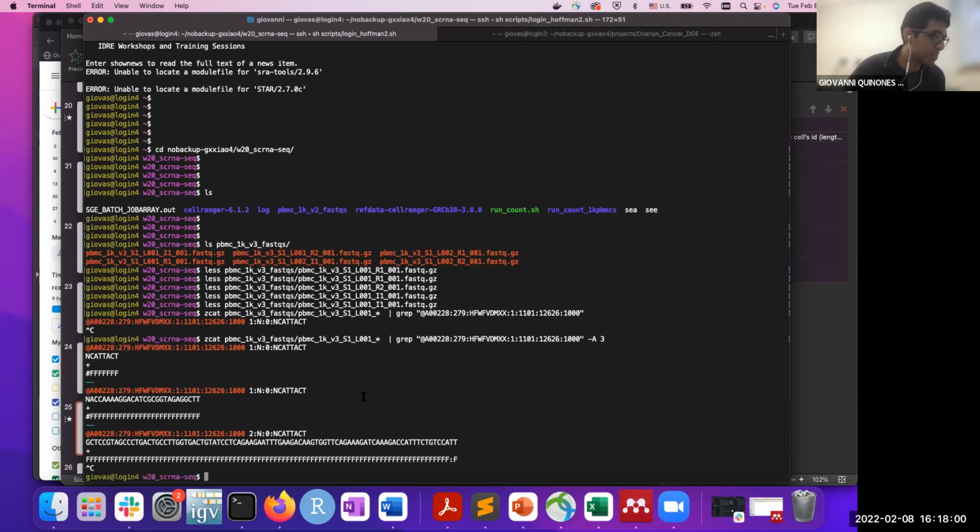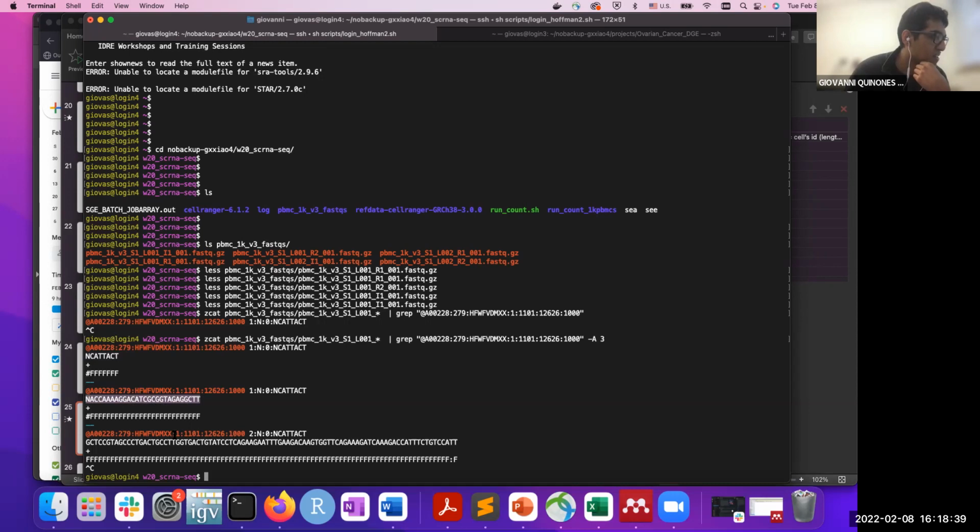I think it should be done running. For this particular replicate, I searched this read name and printed the following 3 lines. This read name was found in the I1 file, and we can see it has the 8 bases sample index sequence. It was found in the R1 file, which contains our 26 bases with the barcode and UMI.